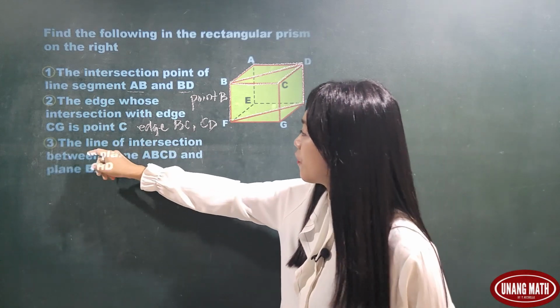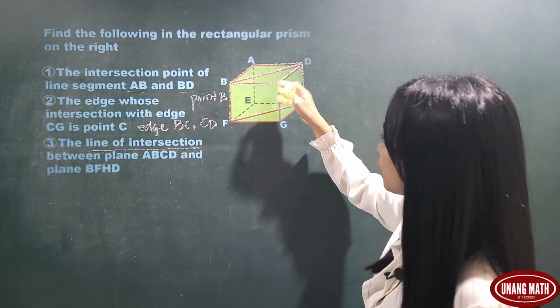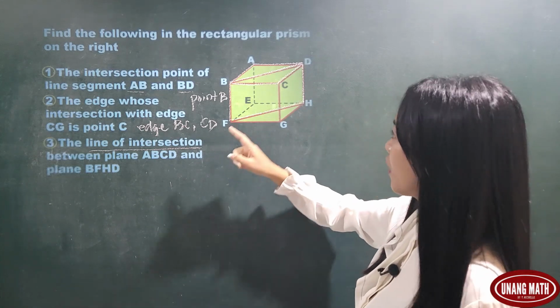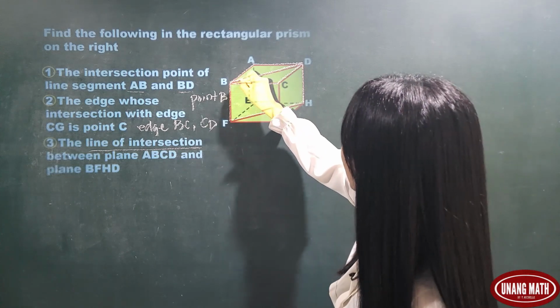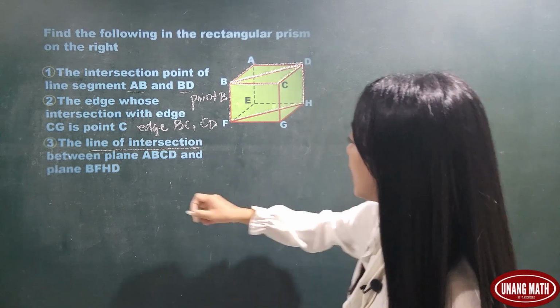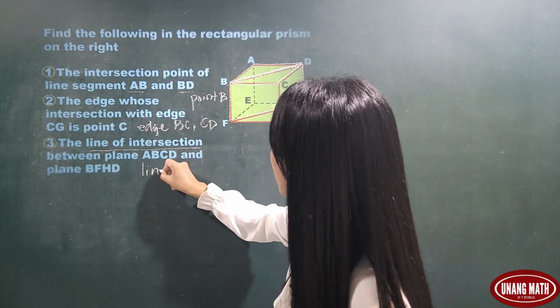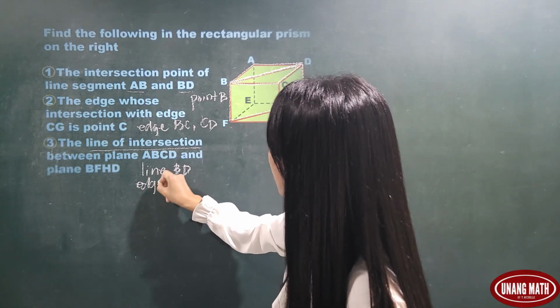It's asking for the line of intersection because these are two planes. So where is the line of intersection? If we take a look at the figure, the line of intersection is line or edge BD. So line BD or edge BD.